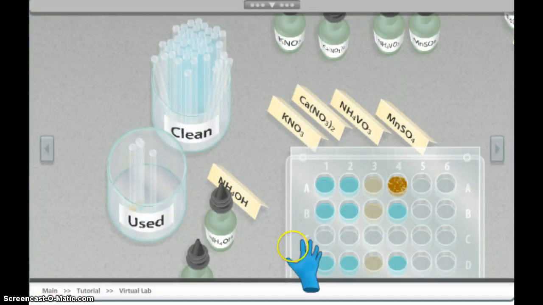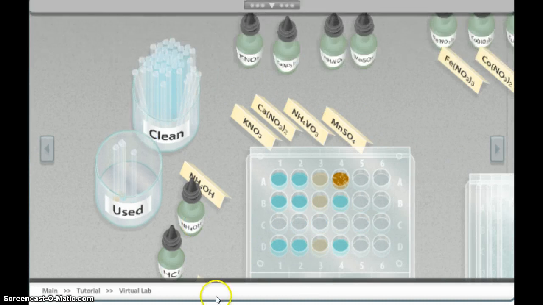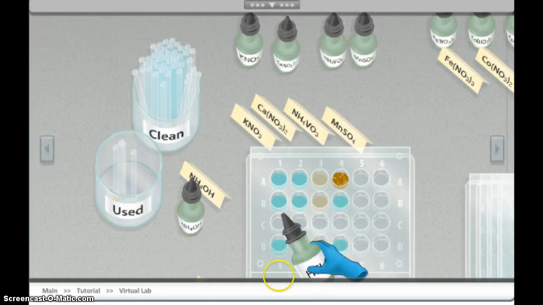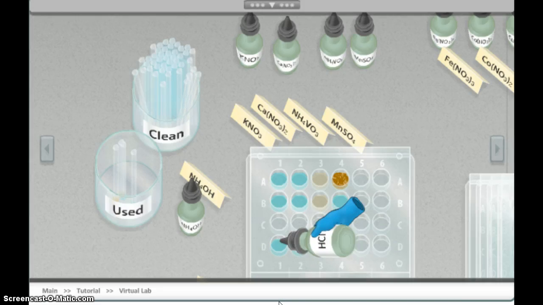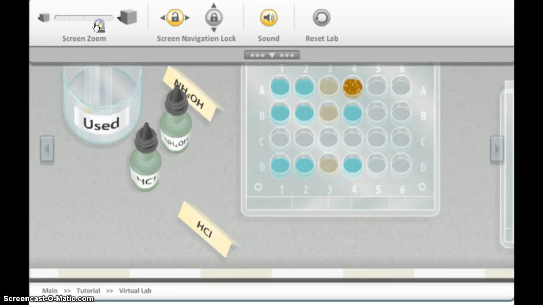All right, so now we're going to mix our chemicals with HCl. HCl is hydrochloric acid. And there we go. And we're going to do the bottom row now. So 10 drops in each. All right, I'm having a little bit of problems here. Hang on a second. Okay, I fixed it.